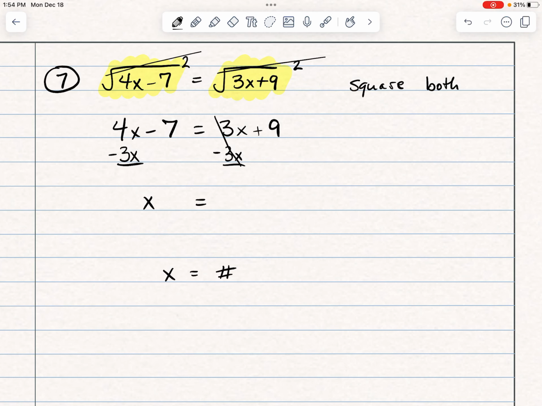Now, since we moved the x's to the left, we need to move our number, negative 7, over with the 9. When we move this over, we're going to add 7 to both sides. So we get 9 plus 7, which is 16. So we have 1x is equal to 16.